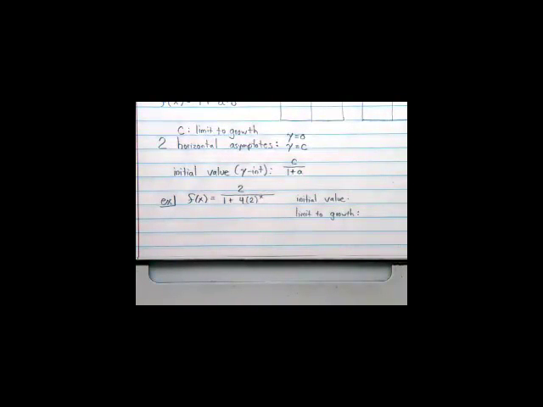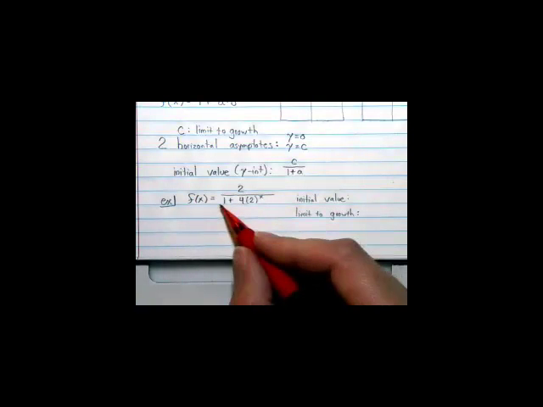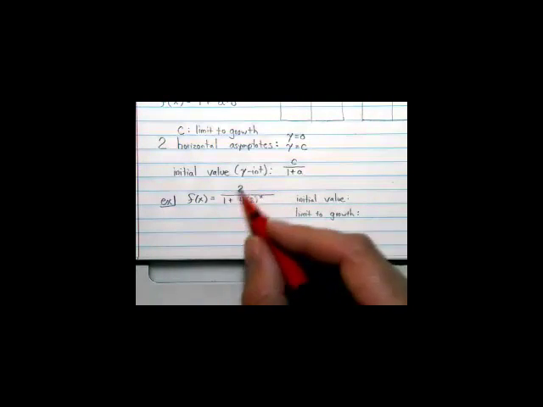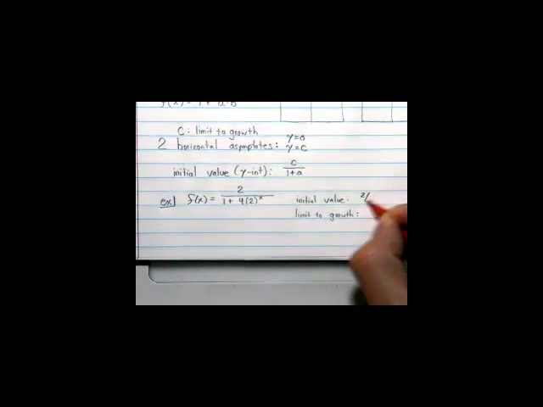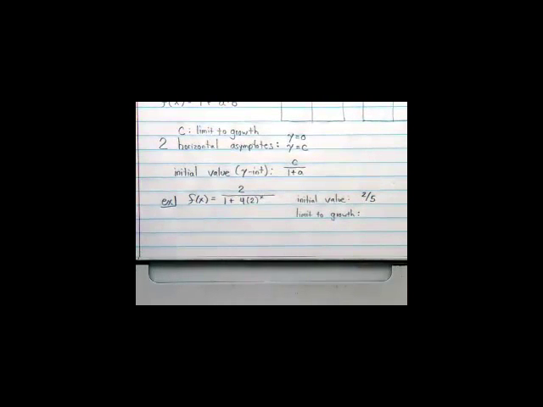And I bet both of those you guys can do in your head real quick. So what is the initial value here? 2 over 5, right? Because this would just be 1 plus 4 after this goes away. So 2 over 5. And what's the limit to growth? 2. Good.